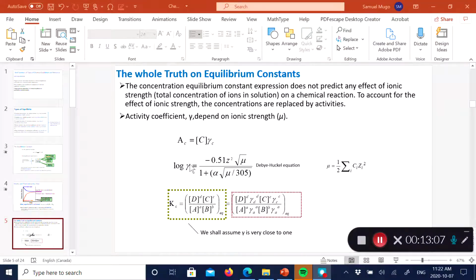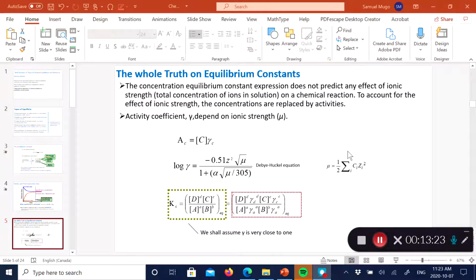Again, remember, the activity coefficients are proportional to what you refer to as the ionic strength. So how do you calculate the ionic strength? And hopefully as we go along, you're going to see the importance of the ionic strength, this mu.